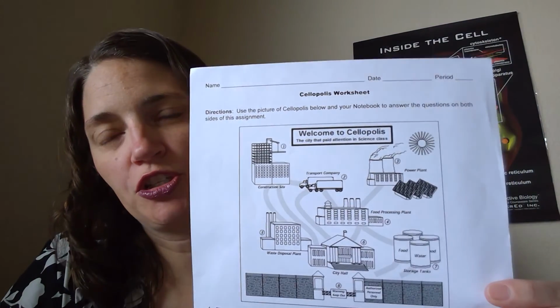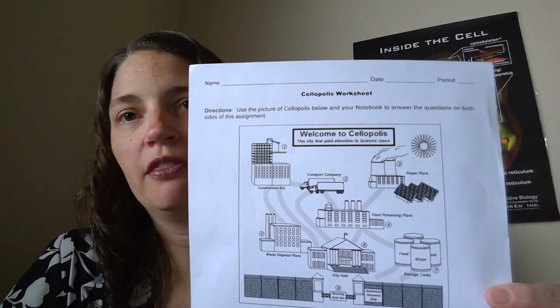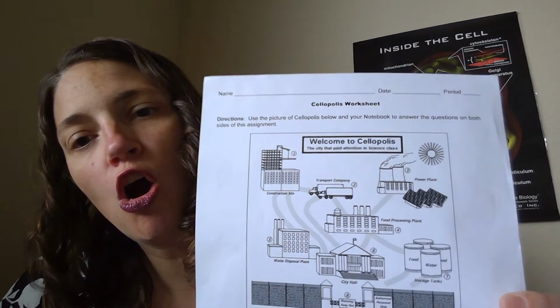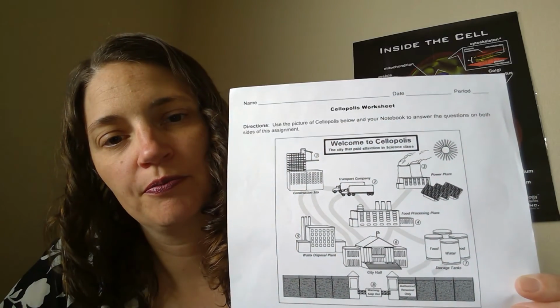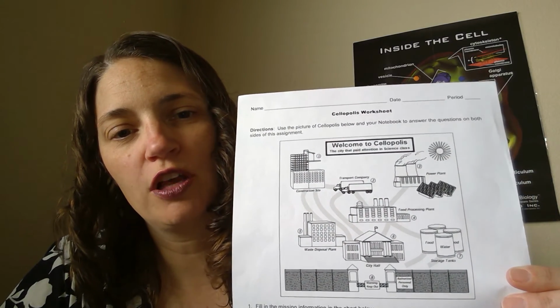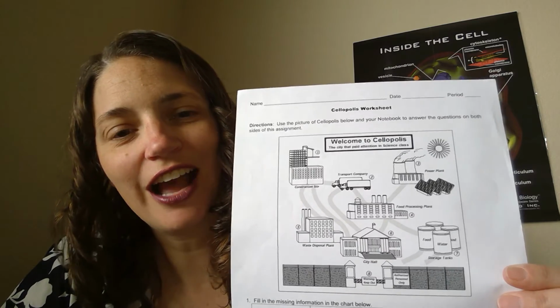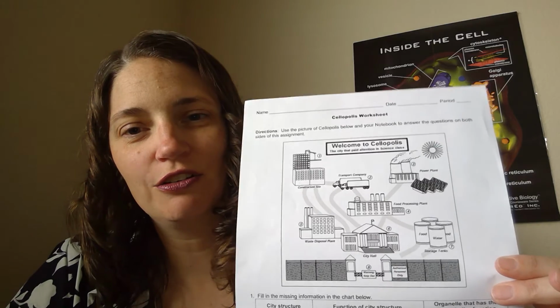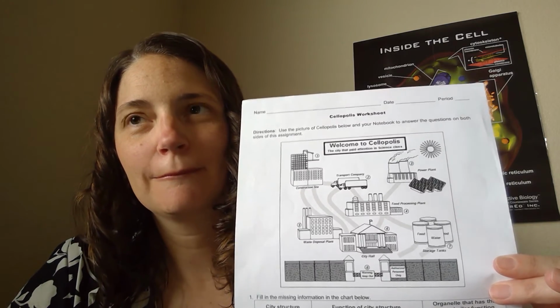Where in this picture would a place be that would give instructions that direct all of the activities? Give instructions to direct all of the activities. Kylie, you're right. That would be City Hall. Why do you think so? Excellent. Okay, let's try another.